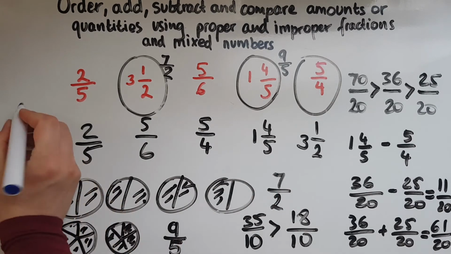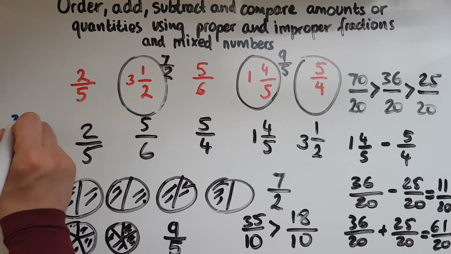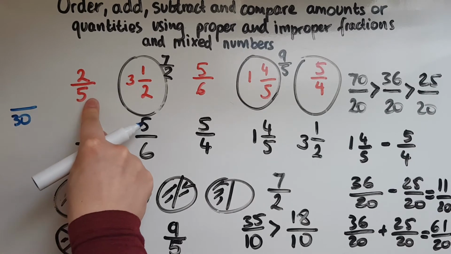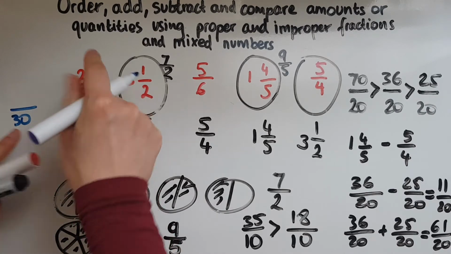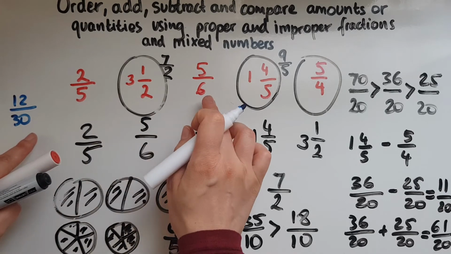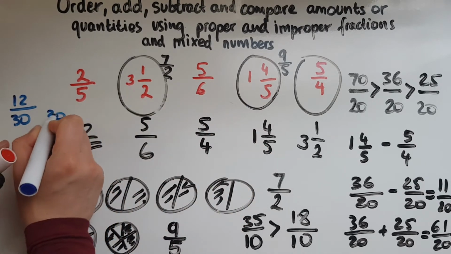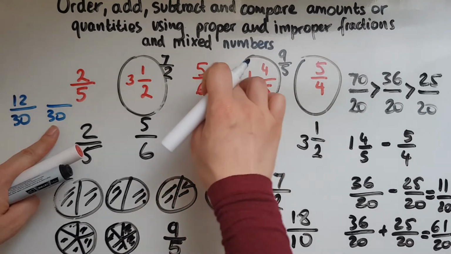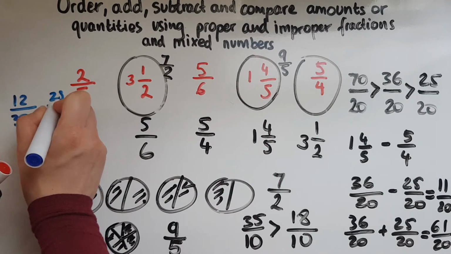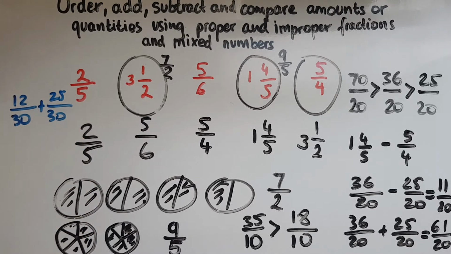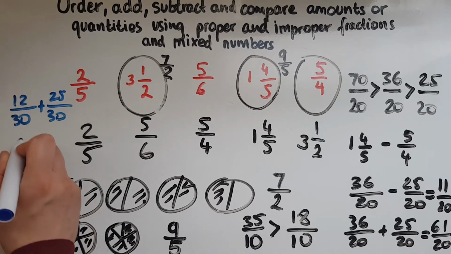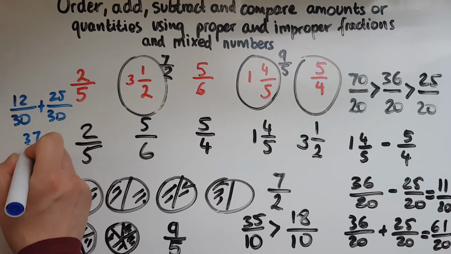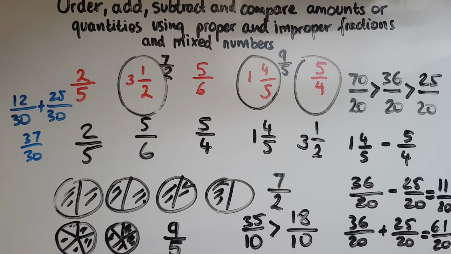So what we had then was 5 times 6, 30, 2 times 6, 12, and we have with 30, so we're multiplying by 5, so that's 25. So adding them together, 12 and 25, 37 out of 30.